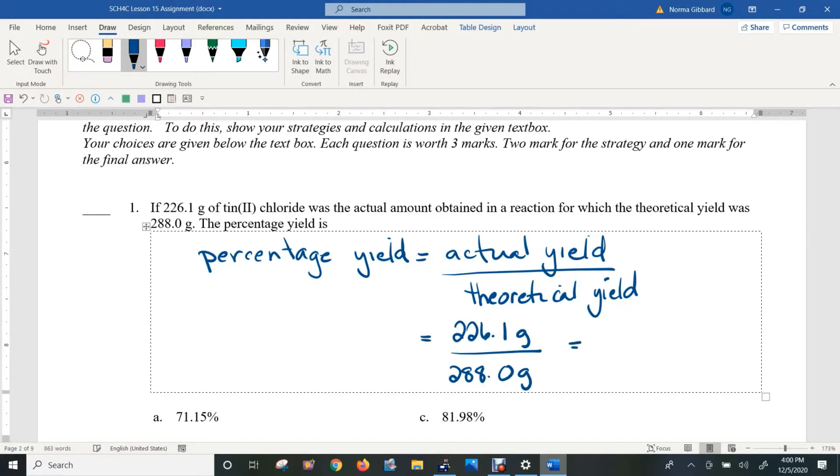If we do our math, we will see that this comes out to 78.5. So this means that the percentage yield is 78.5%.